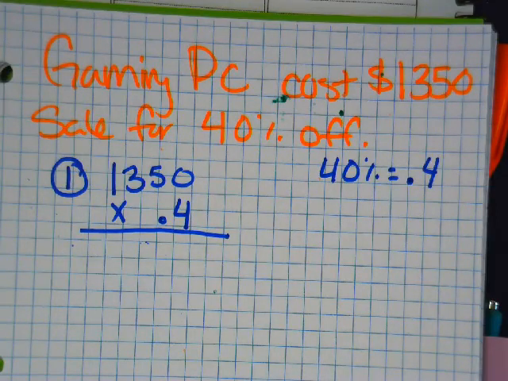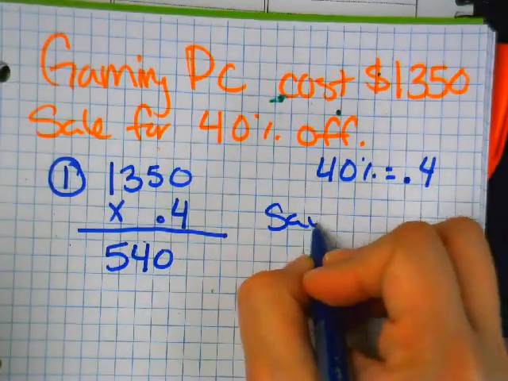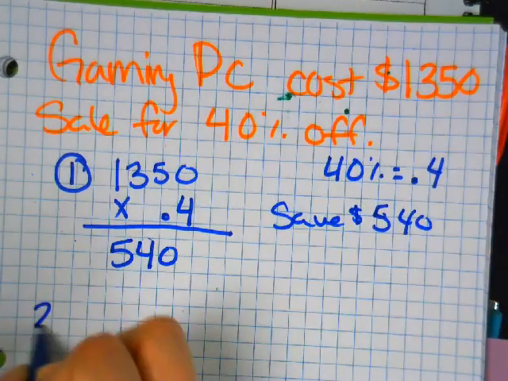Use your iPads. Use your phone. But please type it into your calculator. Please, please, please type it into your calculator. 540. Yep, 540. So you're going to save 540.